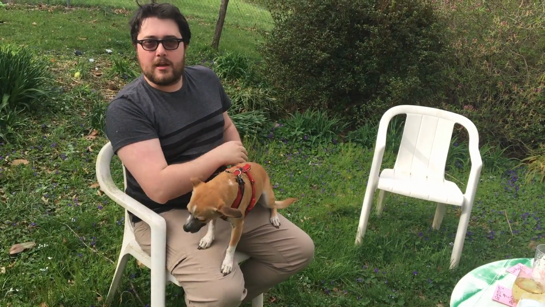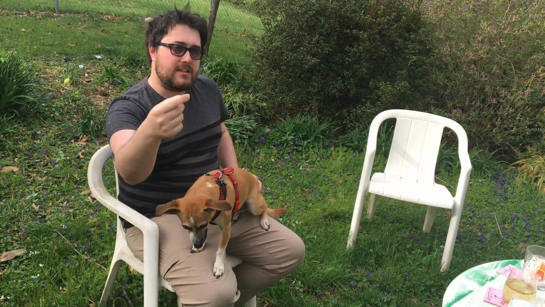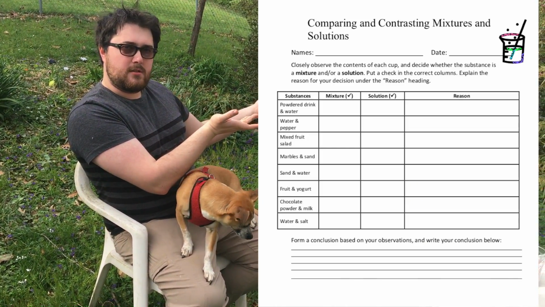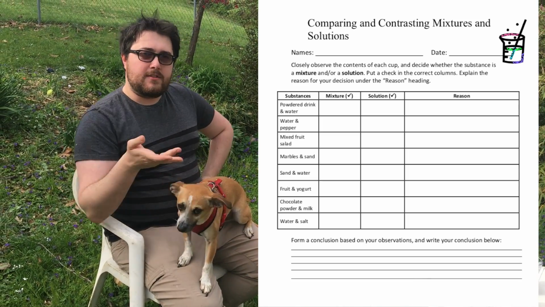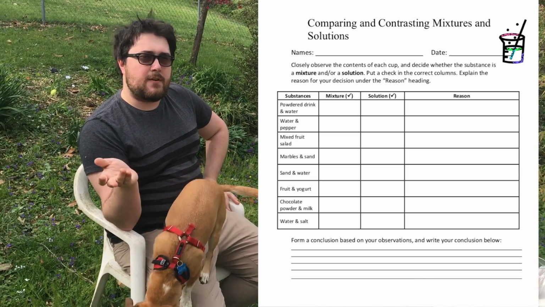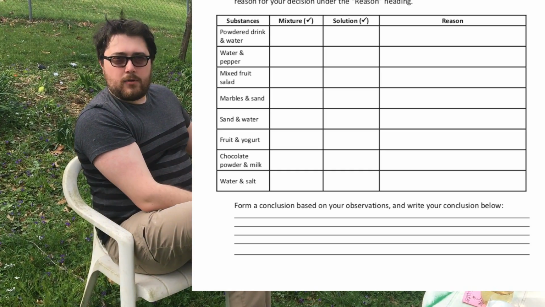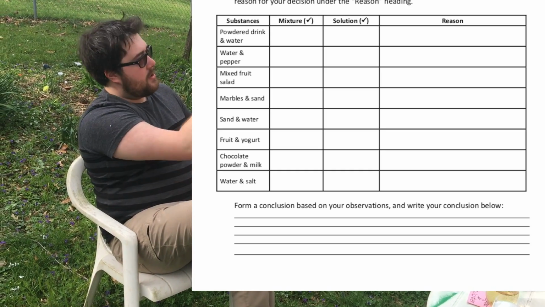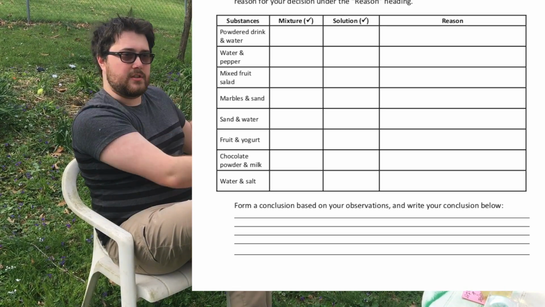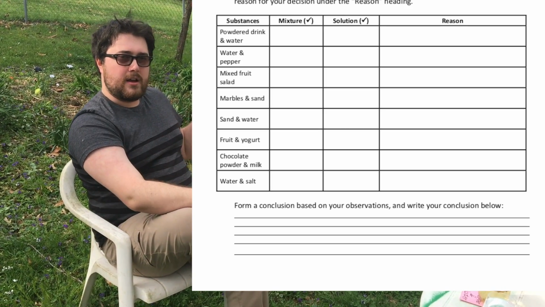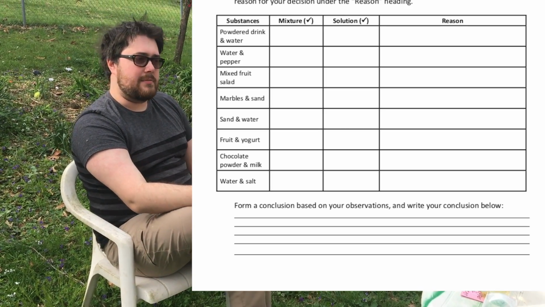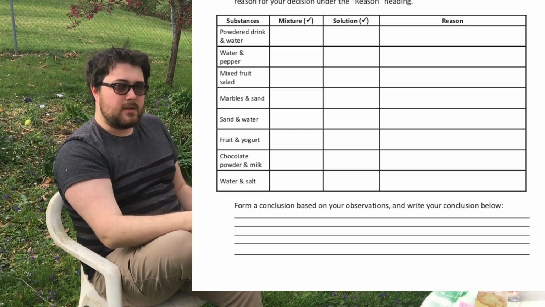So we're going to create a working definition as a classroom, and then you're going to give them this worksheet, which lists all 8 of the different things you've set out around the classroom. And as you see, there are eight rows, one for each of the glasses, and 3 columns, one for mixture, one for solution, and one for comments, where they can give their reasoning behind these things.